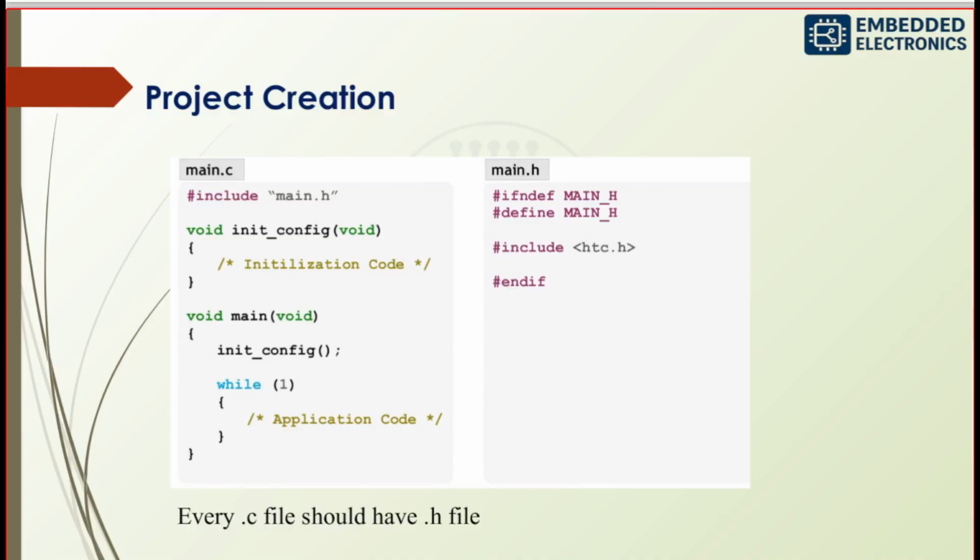So this is the project creation. Every .c file should have a .h file. Here you can see this main.h we included in the .c, and the initialization code should be here and the application code should be here.